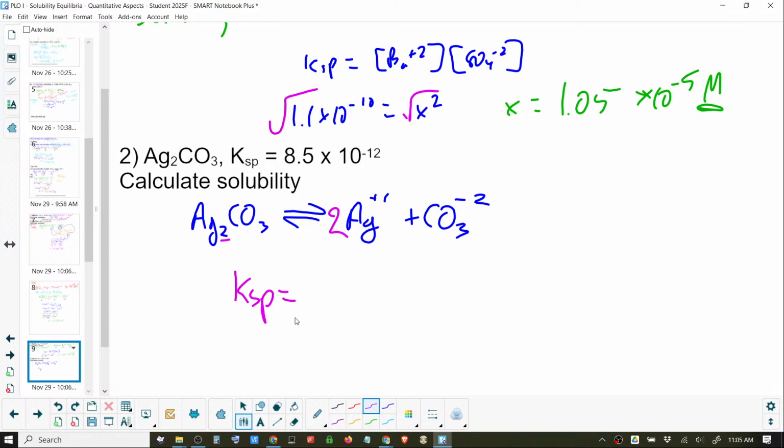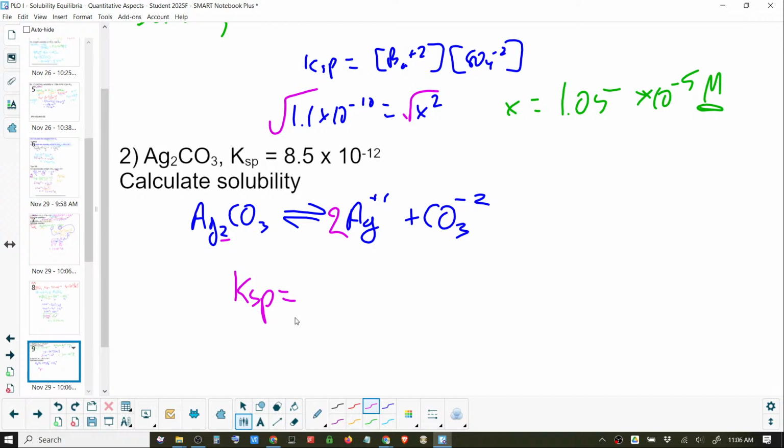What's the KSP equation? Naomi has left. I already gave her the point. I have to ask her when she comes back. Matt, what's the KSP equation? Just concentration of times concentration of.